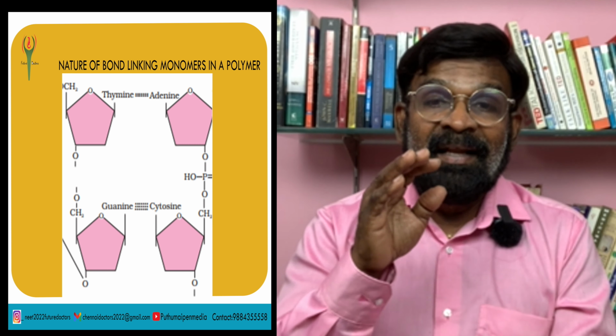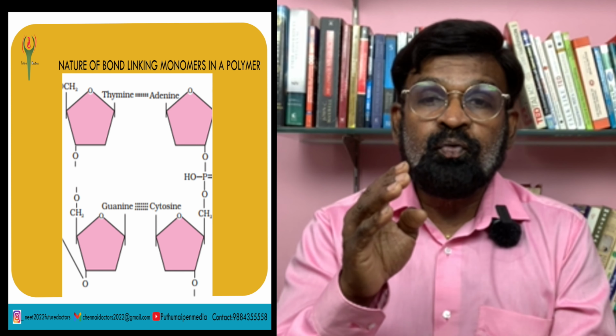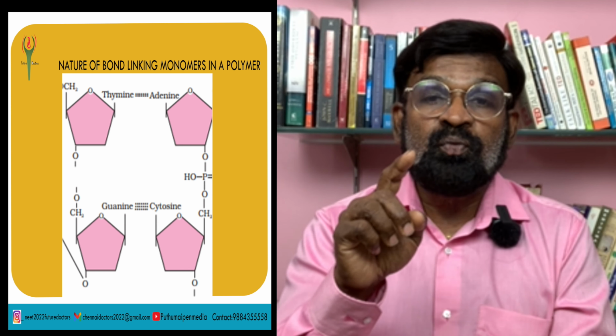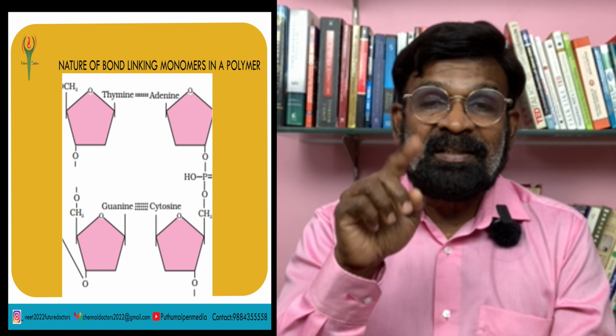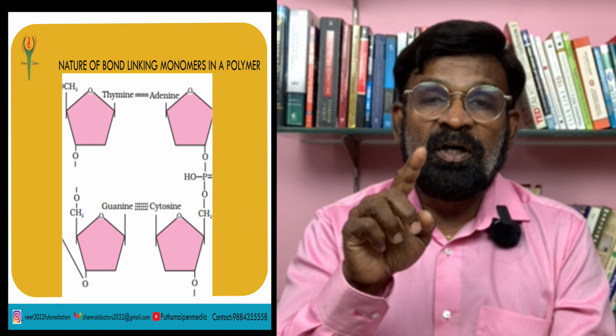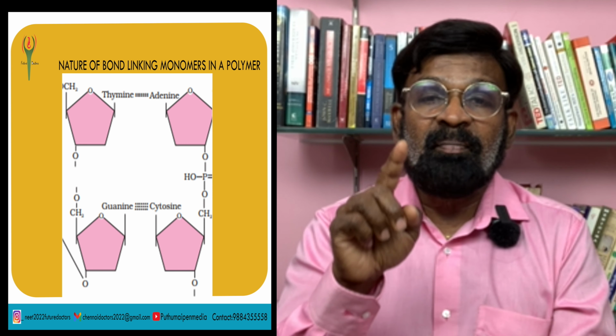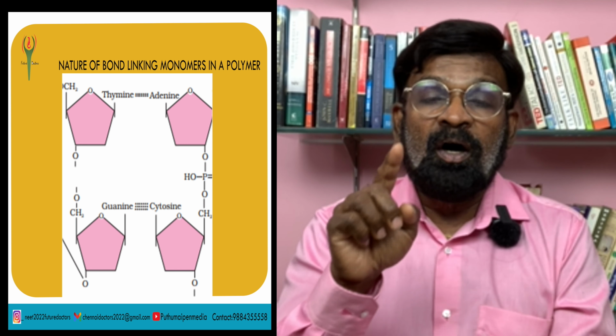Okay. The next is the phosphodiester bond. In a nucleic acid, a phosphate moiety links the 3' carbon of sugar of one nucleotide to the 5' carbon of sugar of the succeeding nucleotide.